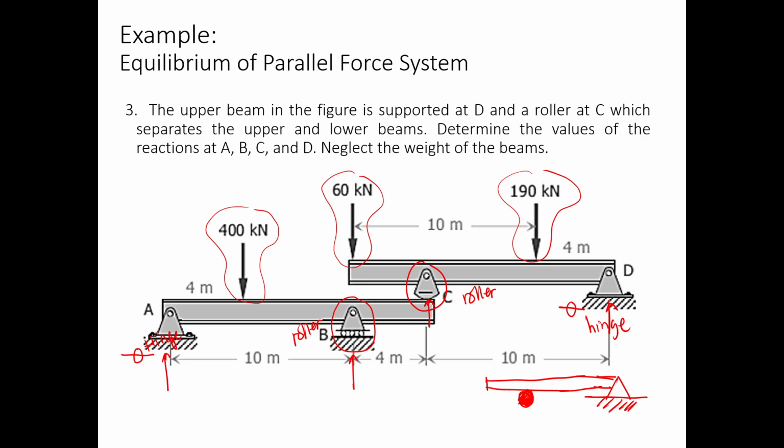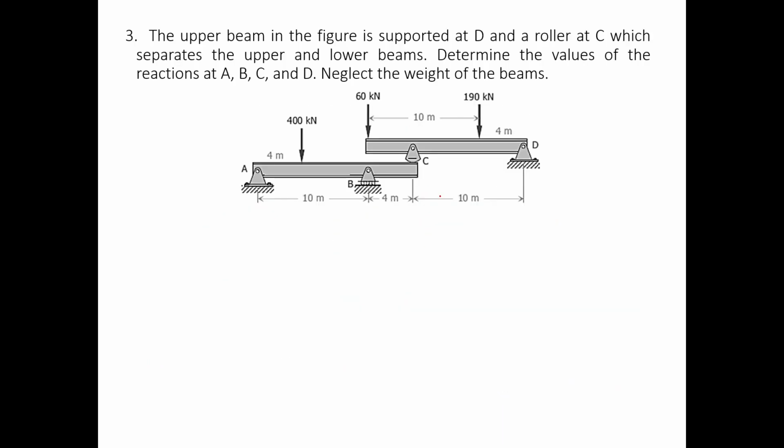So you'll be dealing with X and Y forces na for your system. Okay? So let's try to figure out this one. So which is better for you, to solve the first beam or to solve the second beam?